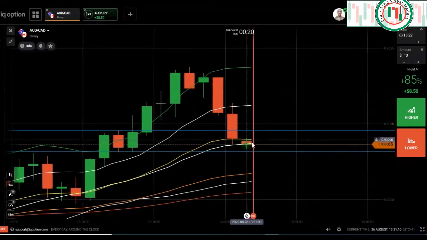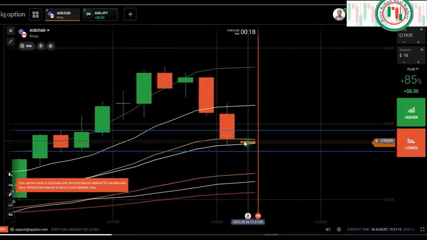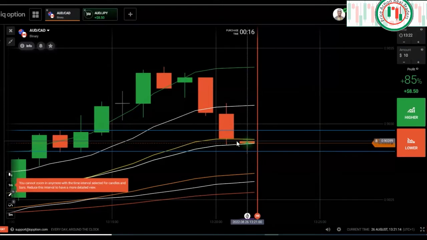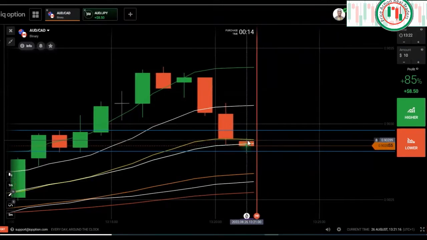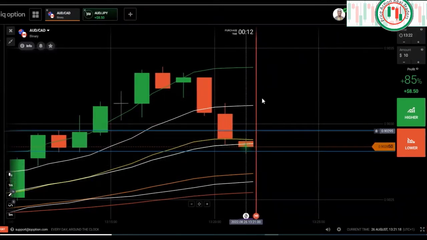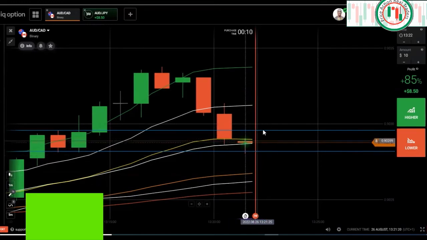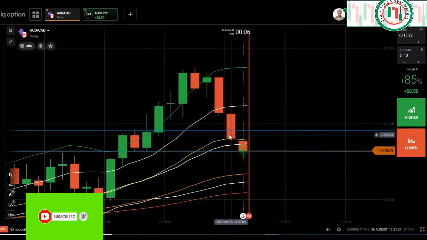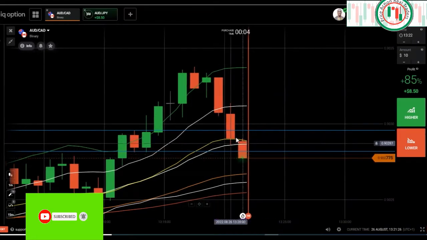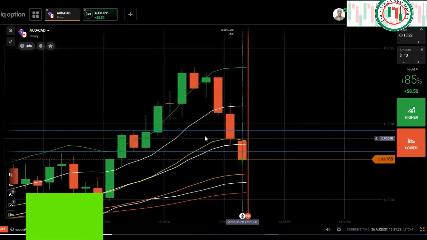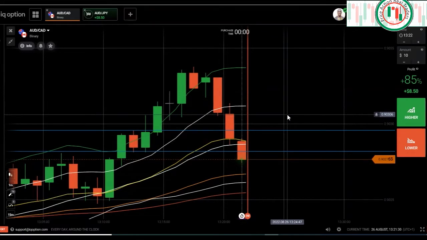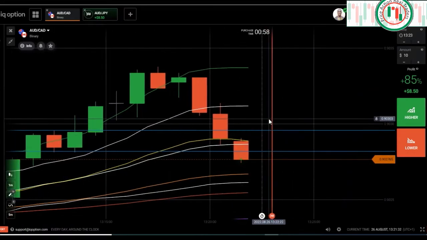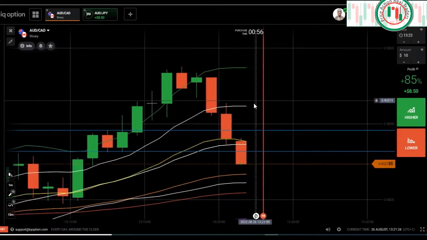Market may reverse. You have 50-50 chance here because of this gap down. So as soon as you see gap down, avoid. Here market may reverse, market may still go down. So you have 50-50 chance. So any trade that you have 50-50 chance, don't take your trade. Just wait to get at least 80 to 90 chance, then you place your trade.